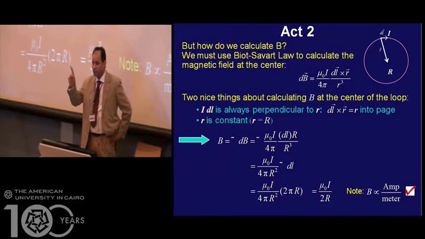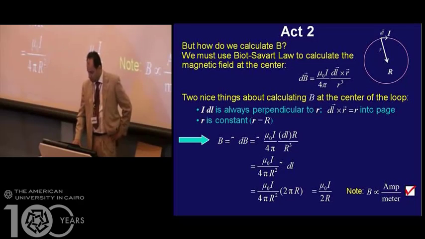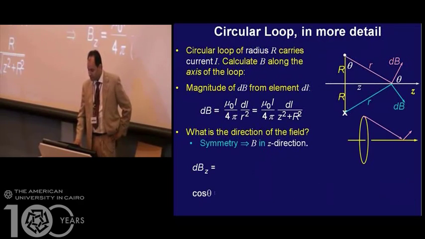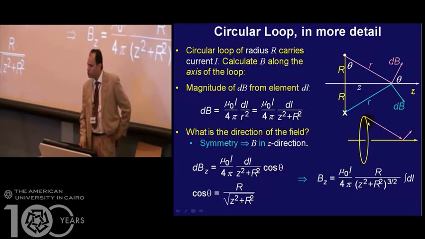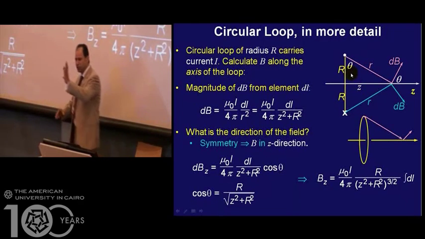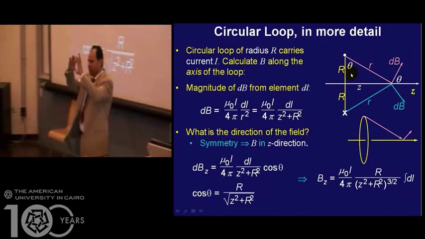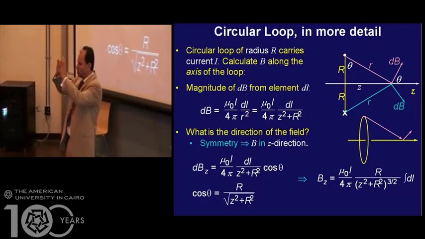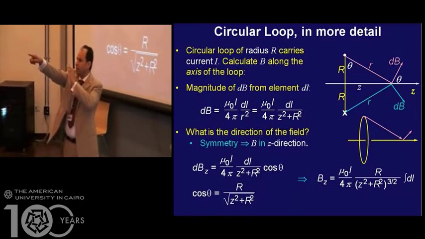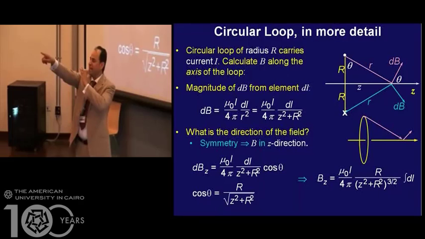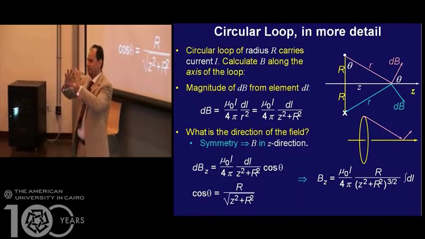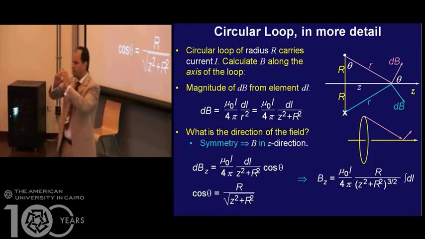Let's assume that z is much longer than R. So that circle is here, this is the loop that has a small R, 5 centimeters, and I'm trying to find the magnetic field at the end of the room, 10 meters away. So obviously R can be ignored in here.